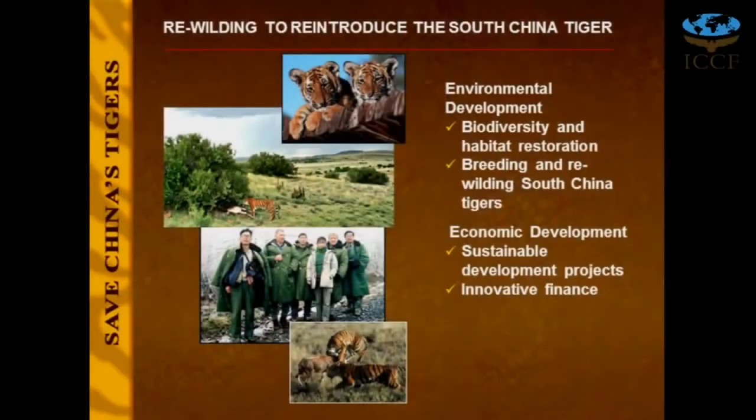So in order to make conservation sustainable, that means you get the wildlife to pay for themselves. You pay the local community, because the local community will gain through tourism, through jobs created through tourism. And innovative finance, we know conservation is very expensive, particularly a rewilding breeding project that Dr. Monfort has also mentioned.